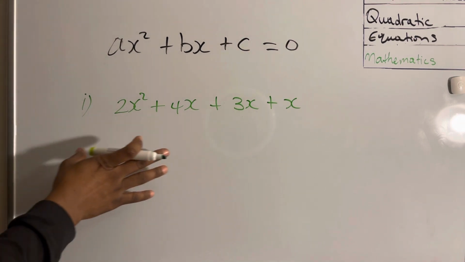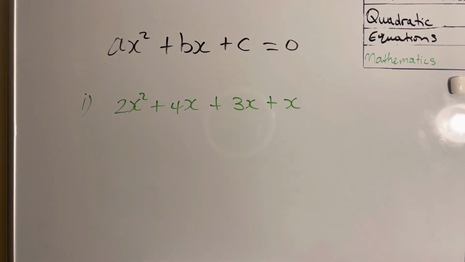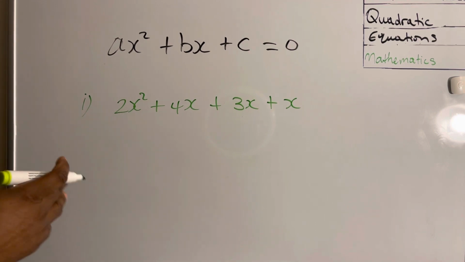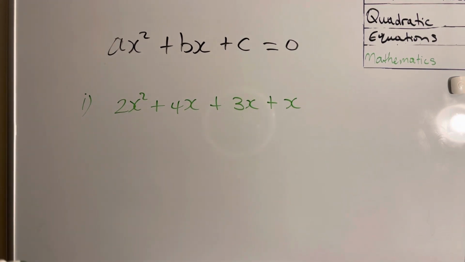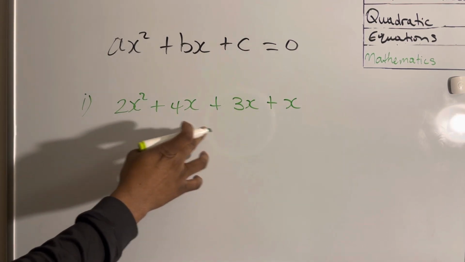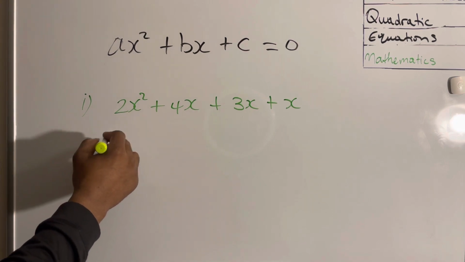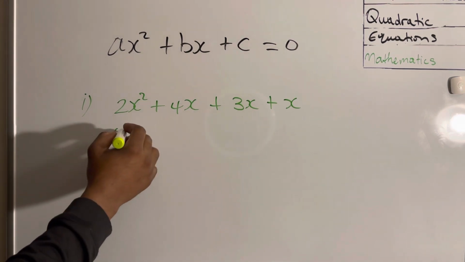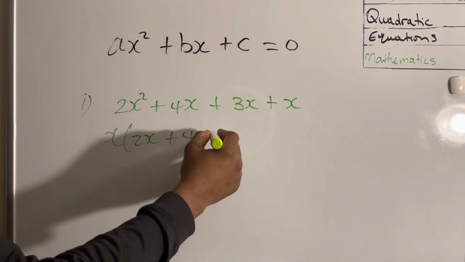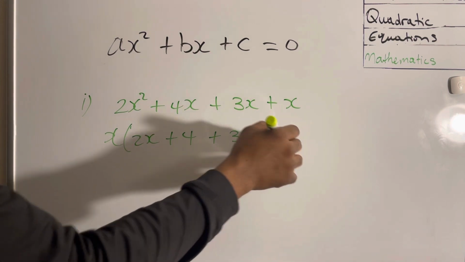In order to factorize, what you're going to do is take out the like terms and leave the unlike terms. In this case, we have x here, x here, x here, and x here. So we can write x on the outside, then we can write 2x plus 4 plus 3 plus 1.